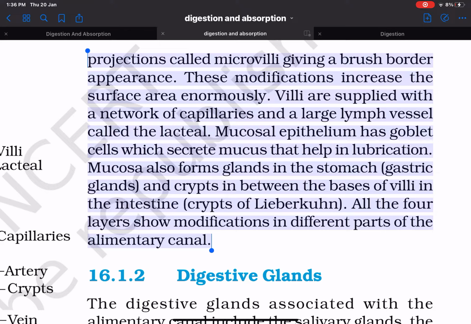These modifications increase the surface area enormously. Villi are supplied with a network of capillaries and a large lymph vessel called the lacteal. Mucosal epithelium has goblet cells which secrete mucus that helps in lubrication. Mucosa also forms glands in the stomach, gastric glands, and crypts in between the bases of villi in the intestine, crypts of Lieberkühn. All the 4 layers show modifications in different parts of the alimentary canal.